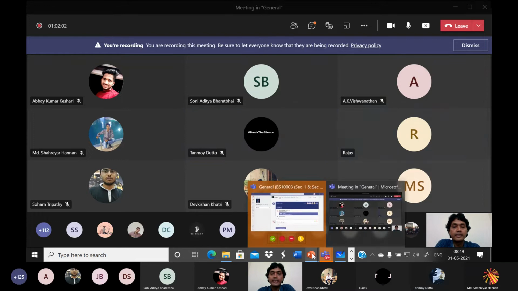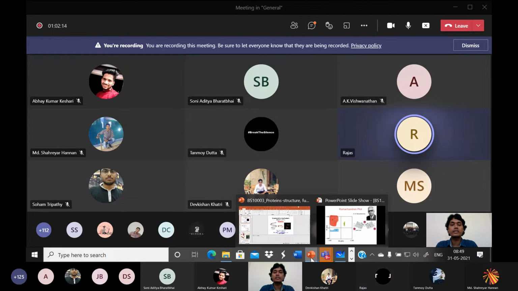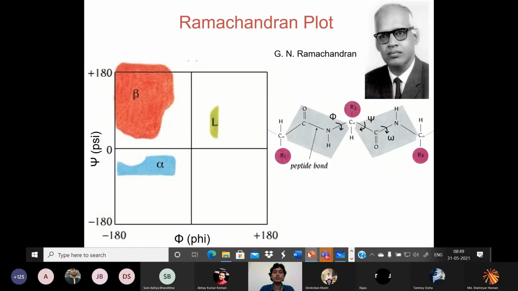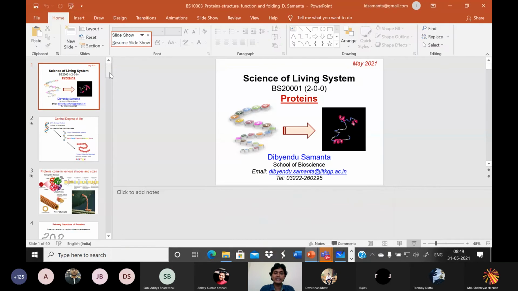Hello, sir. Yes, Rajas. One small doubt: from 0 to -180, exactly how are the angles oriented? Meaning, how are the bonds oriented? I'm not able to visualize. It's a good question, but just to save time, I'm not going into it. I'm going directly to that slide, an additional slide I kept.